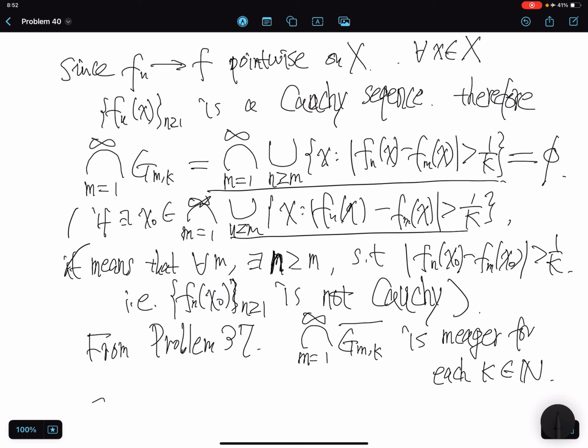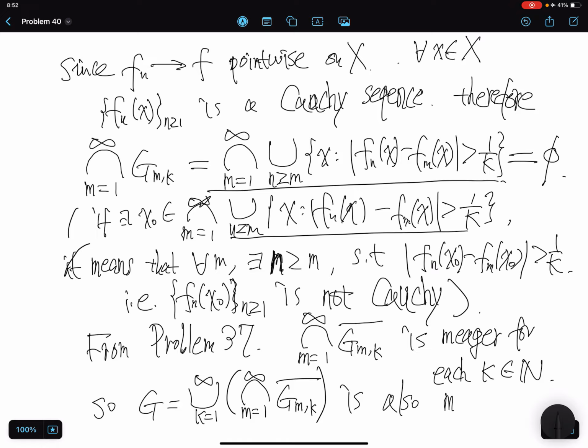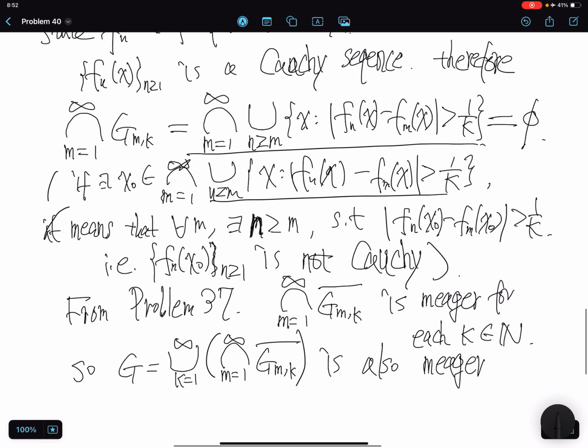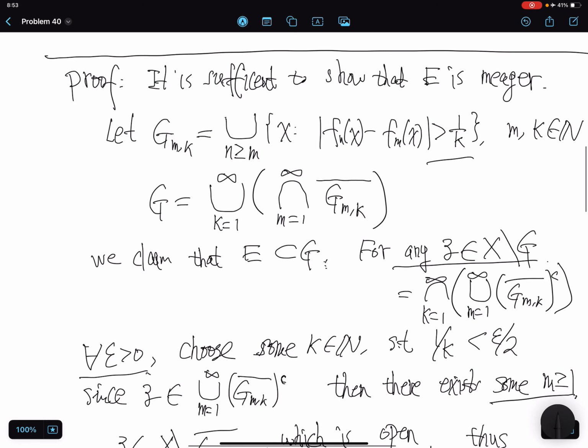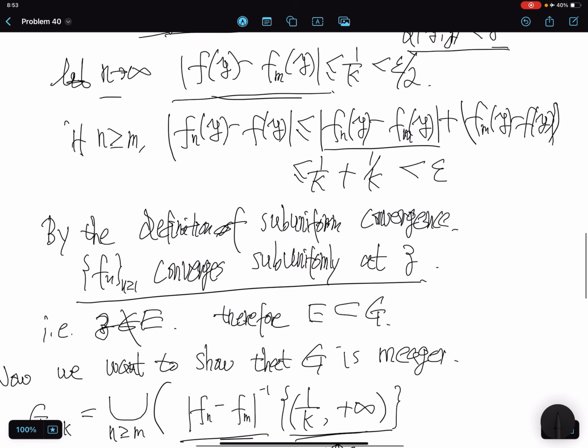So G is the countable union of these. The intersection of this open set is empty, but when we take the closure and take the intersection, it must be meager from problem 37, right?